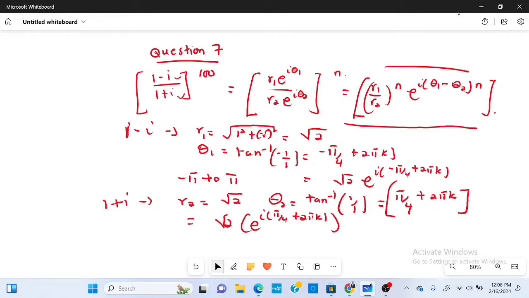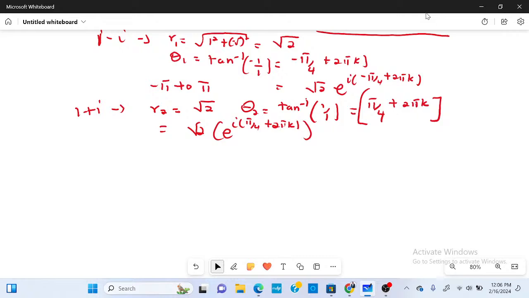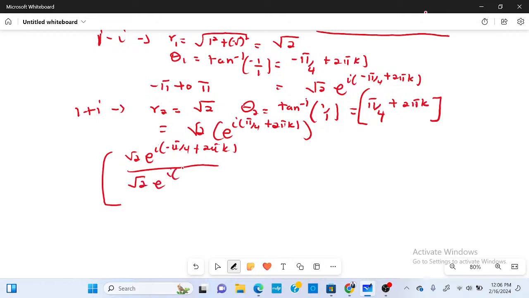Then we have to replace them. So I have my expression with numerator square root of 2 e to the power I open brackets negative pi on 4 plus 2 pi k all over root of 2 e to the power I open brackets pi on 4 plus 2 pi k. All this to the power 100. Root 2 will cancel root 2.